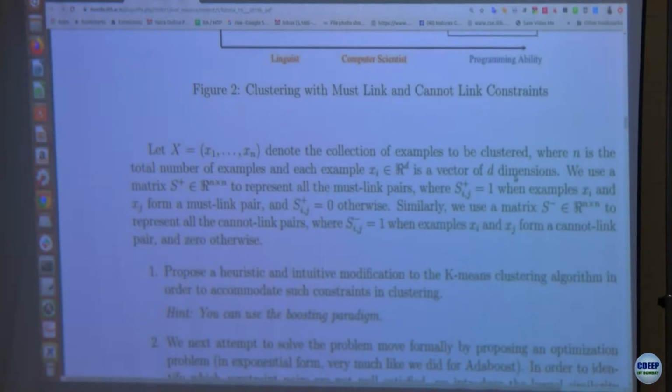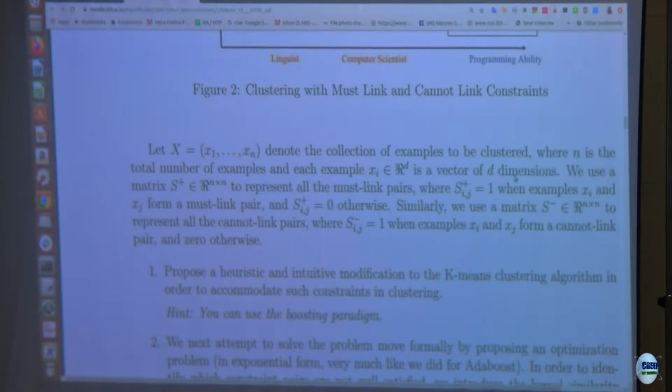So our formulation is that x1 to xn is a collection of examples to be clustered. N is the total number of examples. Each example xi is a vector of d dimensions. S plus is the set of must-link pairs, and S minus is the set of cannot-link pairs. Now it may not be complete.